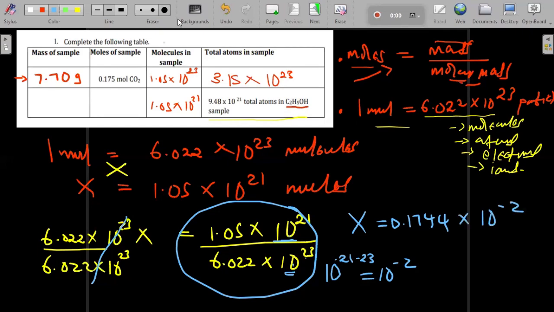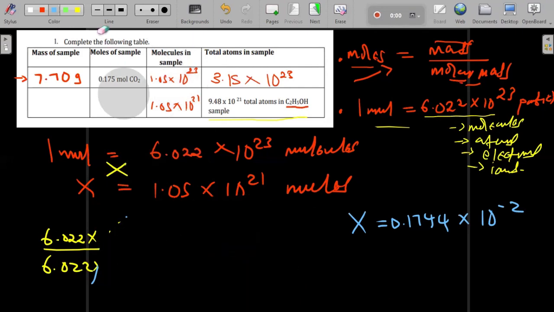So we can now change that to a decimal. What we are going to do is say x equals, so just get that number and then multiply it by 10 to the power minus 2. If I multiply that, I'm getting this as my answer: 1.744 multiplied by 10 to the power minus 3.